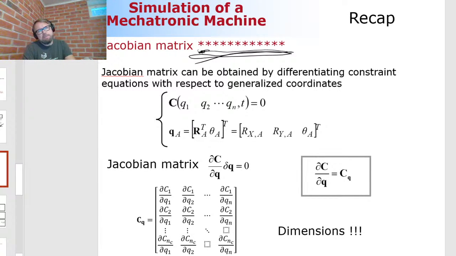Okay, so let me explain something. In a question bank, there is a different kind of mechanism, and then we're asking, for each one of these mechanisms, the question that each one of you have to answer, and that is, please compute the Jacobian matrix for the mechanism shown. And how it goes is that there are different options, and you have to select the right one from the different options.